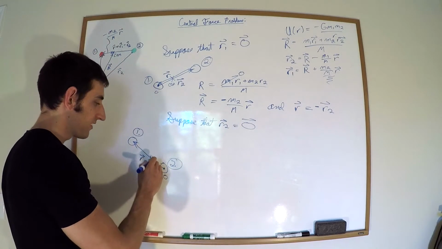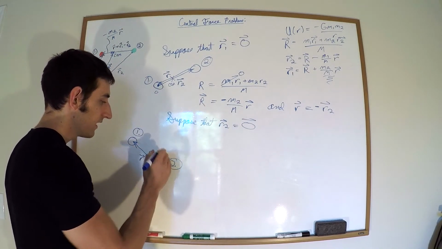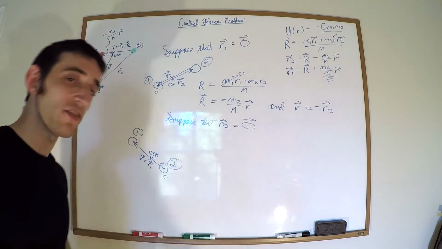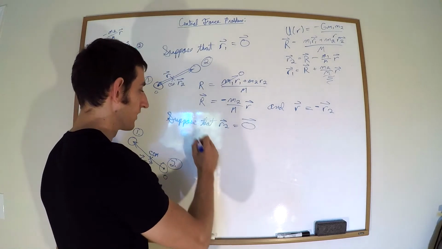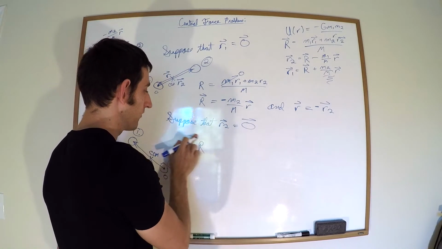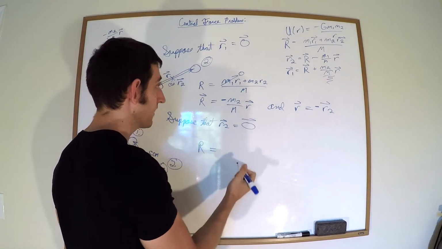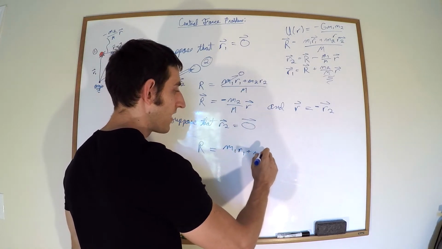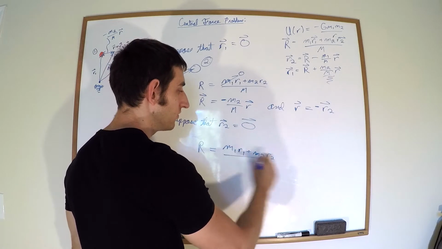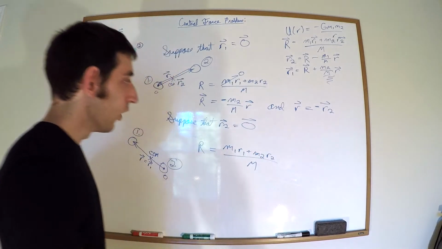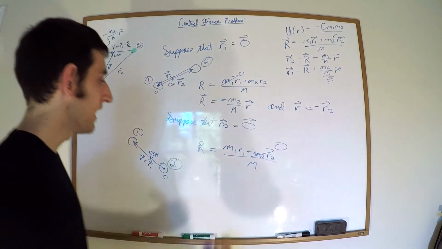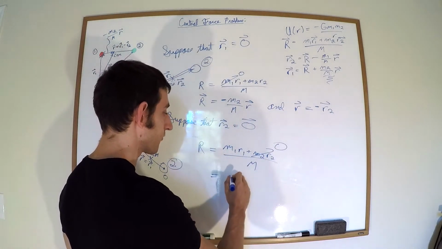So we also have a center of mass, which I'm going to define as such. And we can question what happens with the center of mass once again. So we can say R, drop the vector notation, I keep doing that, bad habit, is just equal to m1 r1 plus m2 r2 divided by big M. We're setting r2 equal to 0, so this term pops out and we get another fraction.